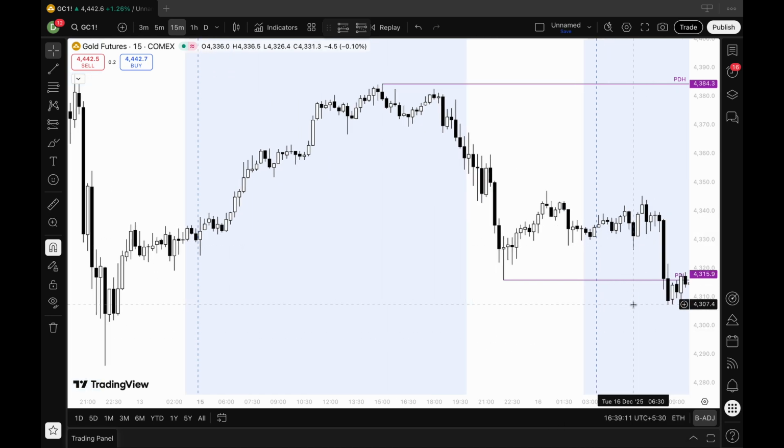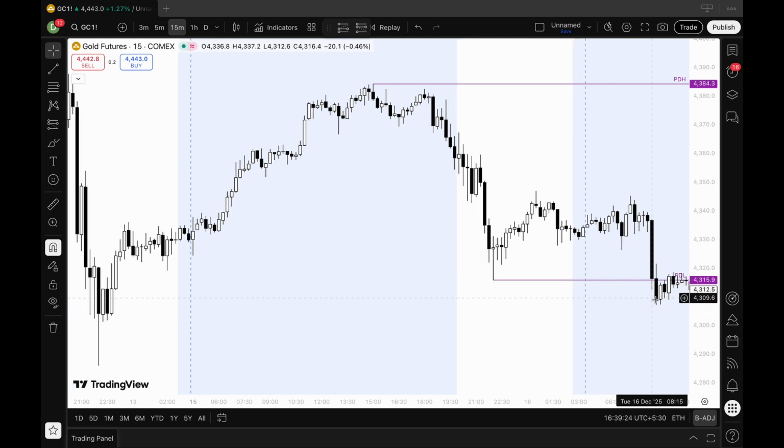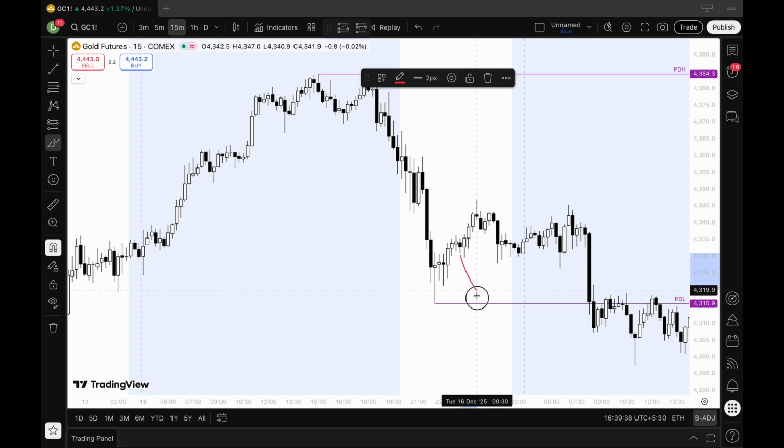Since we consolidated and dropped, you need the price to come back in, but you can also see that price started to reject off of this level. So price started to reject off this previous day low, forming something of a rounded reversal. So let me show you. This is the level. Price sort of started doing this.